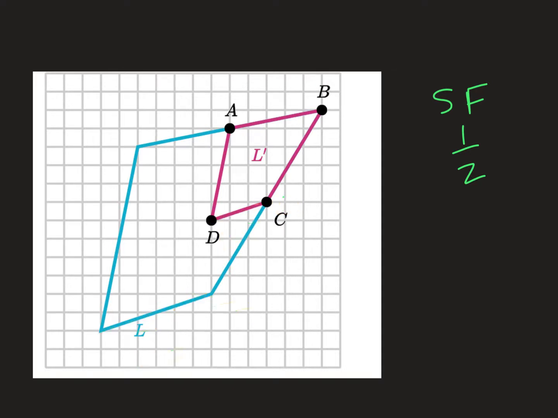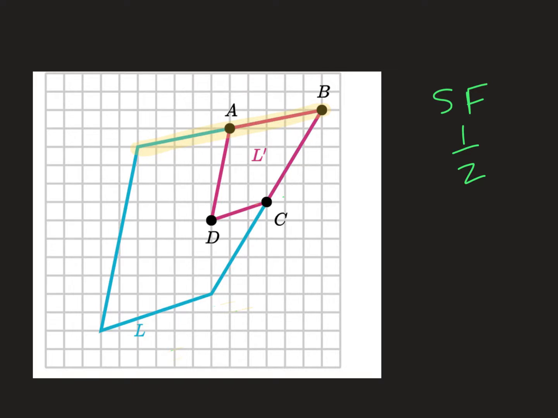You can also tell by eyeballing this that all the vertices in the pre-image moved in this direction so that they're closer to coordinate B. That's a reason that I'm pretty sure coordinate B is going to be the center of this dilation, but I'm going to double check. My original side length here shows how far away A was in my pre-image.